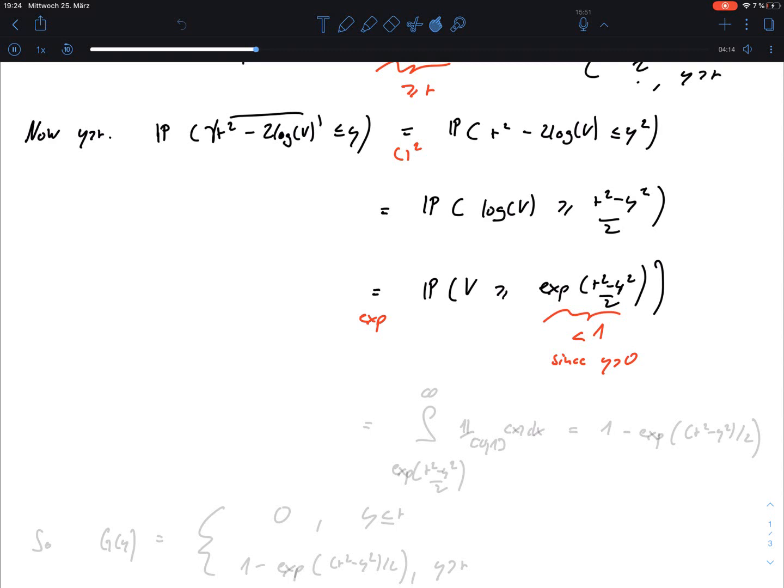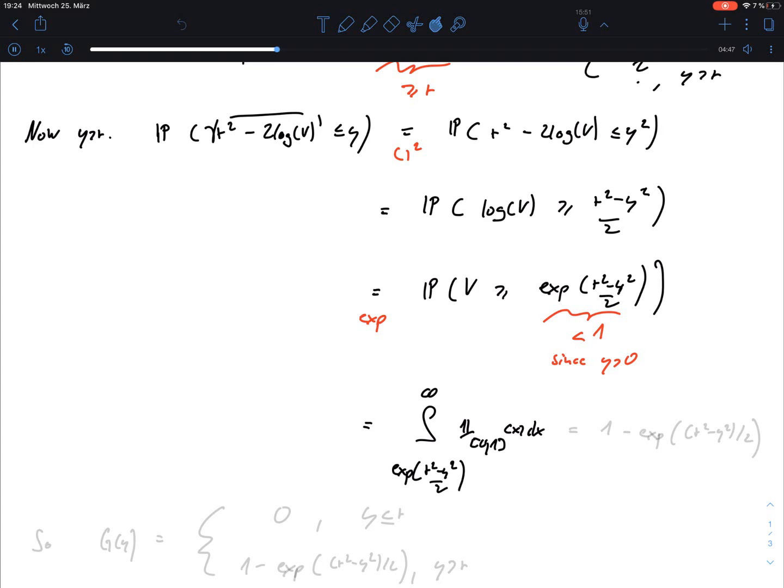So how to proceed? Well, we have the density and we will use it. So let's now integrate over the density. Here's the indicator function, which is a density. And we have to integrate from this here up to infinity. And as I said, the lower bound is less than 1.